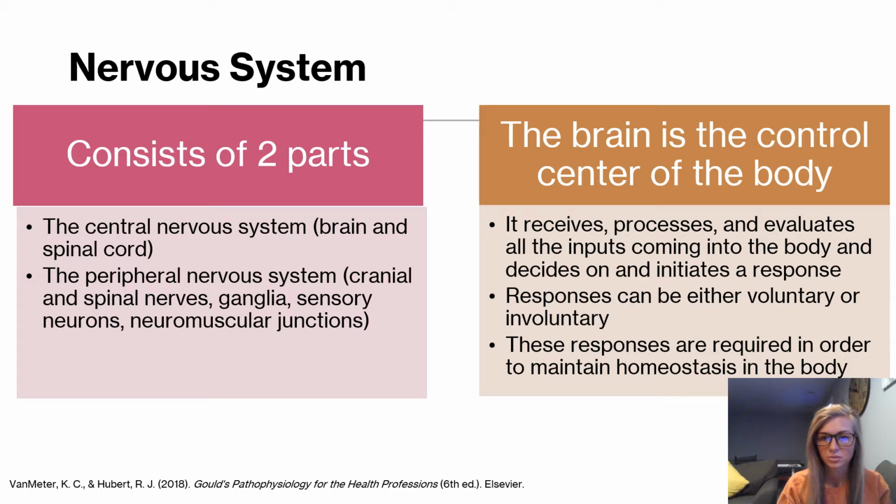The brain is the control center of the body. It's what receives, processes, and evaluates all the inputs that are coming into the body and decides and then initiates a response. The responses can be either voluntary or involuntary, and these responses are required in order to maintain homeostasis in the body.